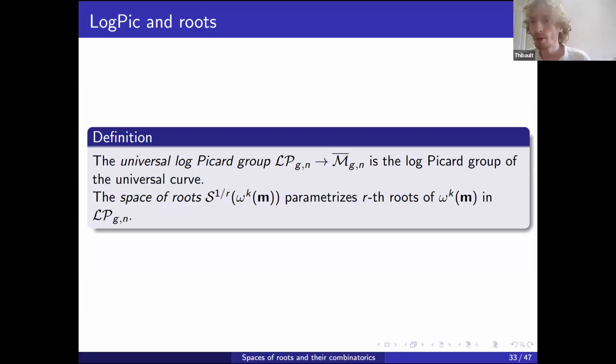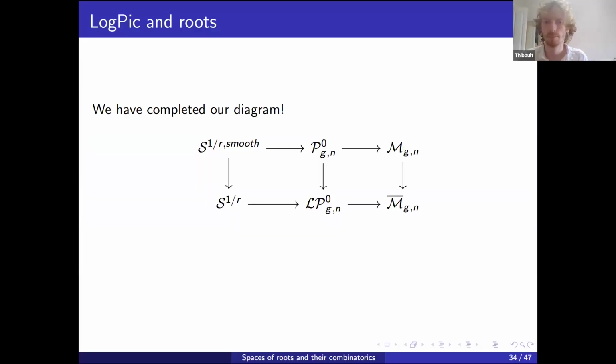And now, because this is proper, and it has a map from Pic, I can make sense of my universal bundle omega^k of m inside it, and I can take its rth roots, and I can look at its space of rth roots. So out of this compactification of Pic, I also get for free a compactification of the space of roots. So we have found red arrows to compactify our diagram.